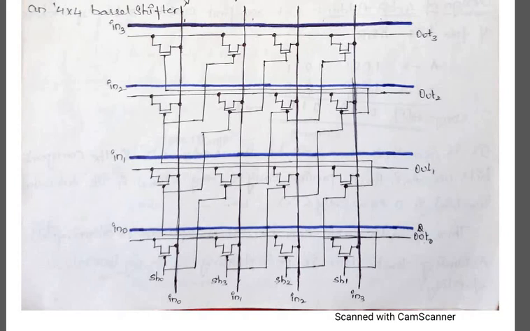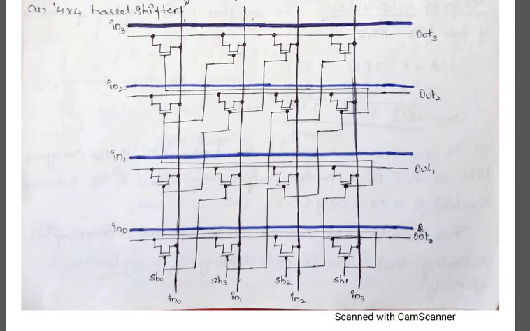You can expand to n number of bits. I have used a 4x4 barrel shifter for explanation. A barrel shifter is a digital logic circuit that can shift a data word by a specified number of bits in one clock cycle. This is how your barrel shifter works.